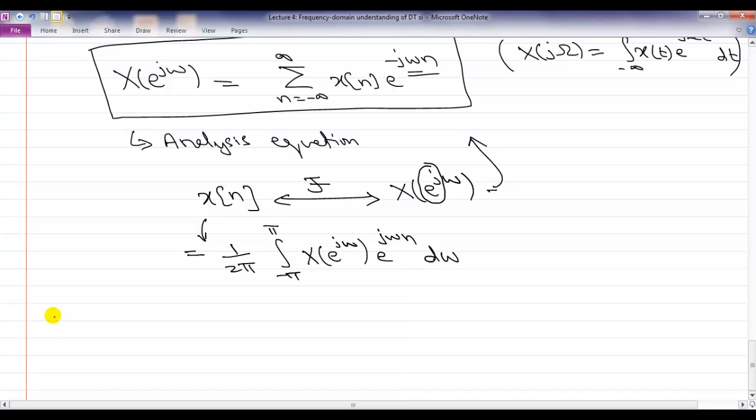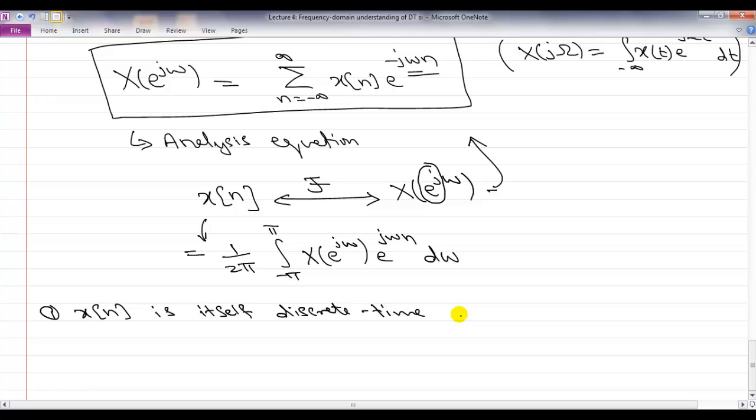Okay. Now, keep these few things in mind. Xn itself is discrete time. But the discrete time Fourier transform basically helps us understand that xn consists of an infinite number of frequencies. And the discrete time frequencies, while they are between minus pi and pi, if you know about that, you know everything.